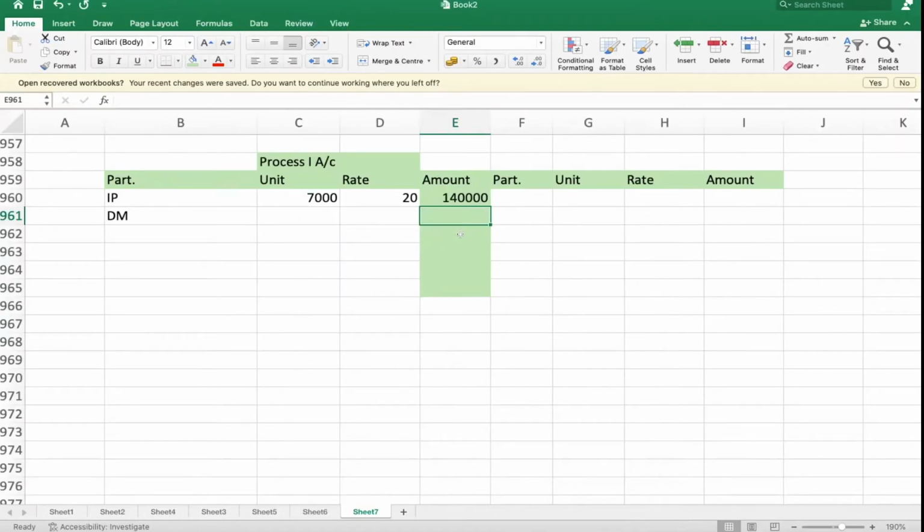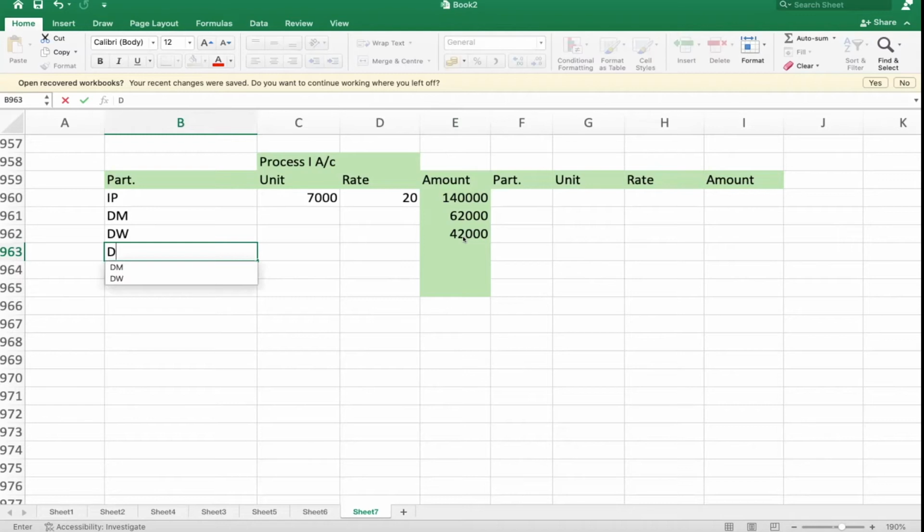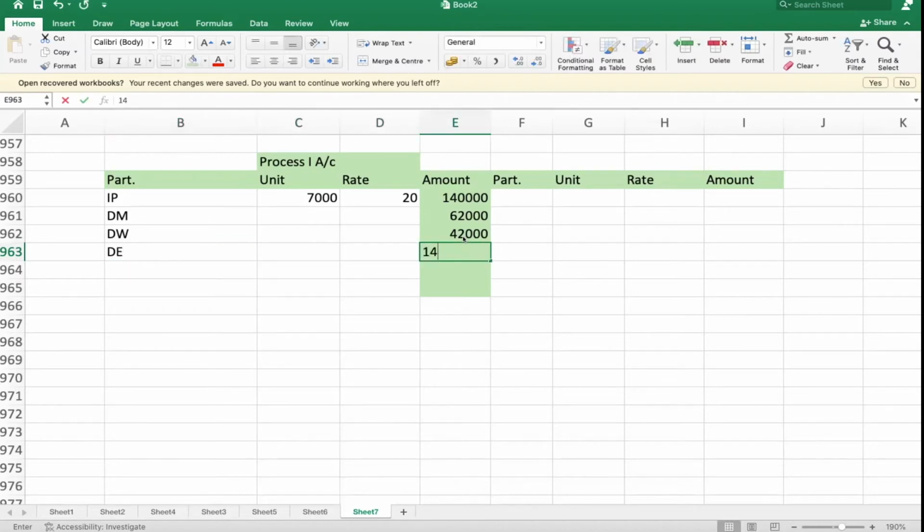Okay. Direct wages, 42,000. Next, direct expenses. How much? 14,000.